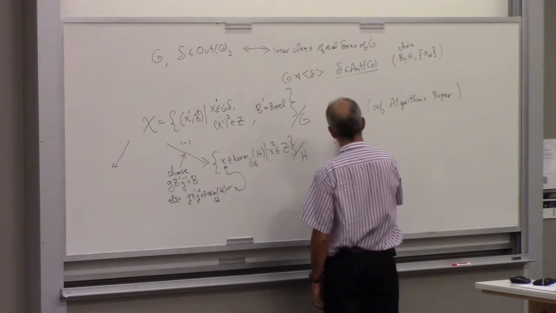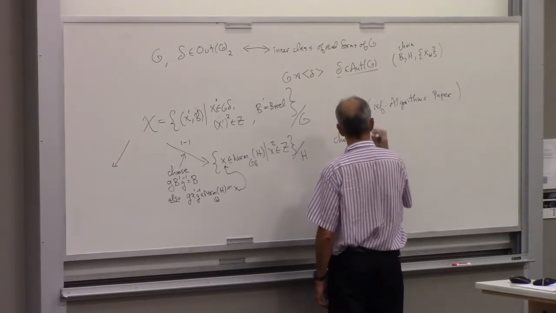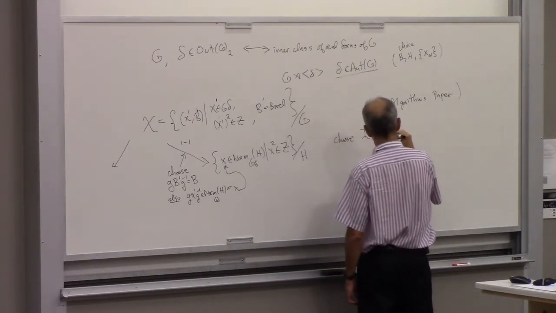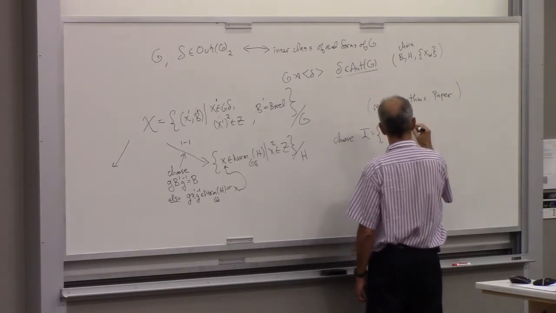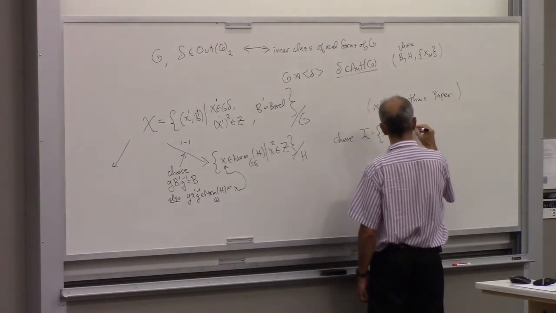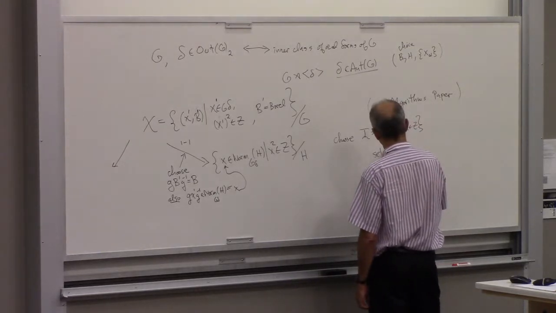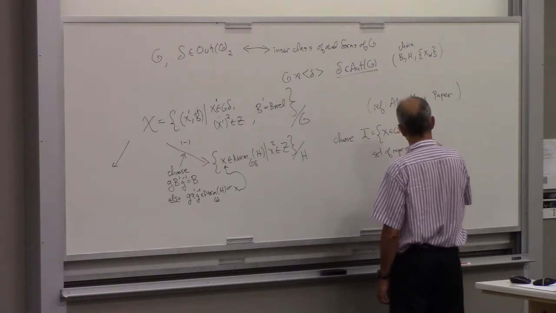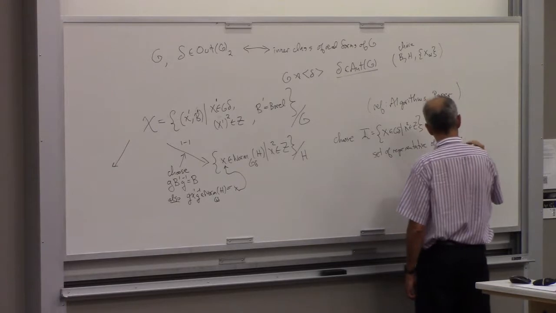Let's choose S, or I think I called it I in the paper, a set of X's contained in G delta such that X squared is central, which is a set of representatives of the G conjugacy classes.